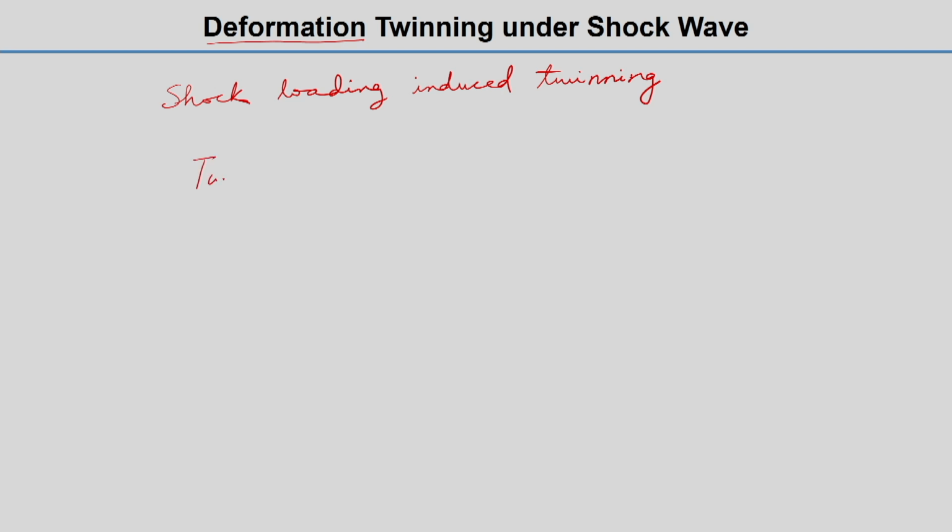One thing you need to understand is that twinning is highly favored in shock loading. Highly favored means it is more favorable, in many materials, than slip due to dislocation motion.